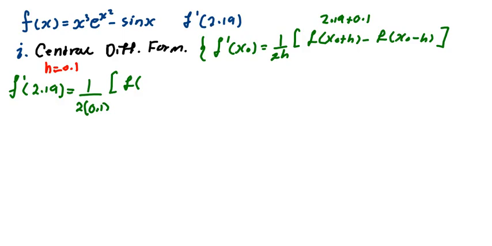If you do the addition, this is just going to be f of 2.29. Minus, f of 2.19 minus 0.1, that's just going to be 2.18. No, it's not supposed to be 18. It's supposed to be 2.09, like that.